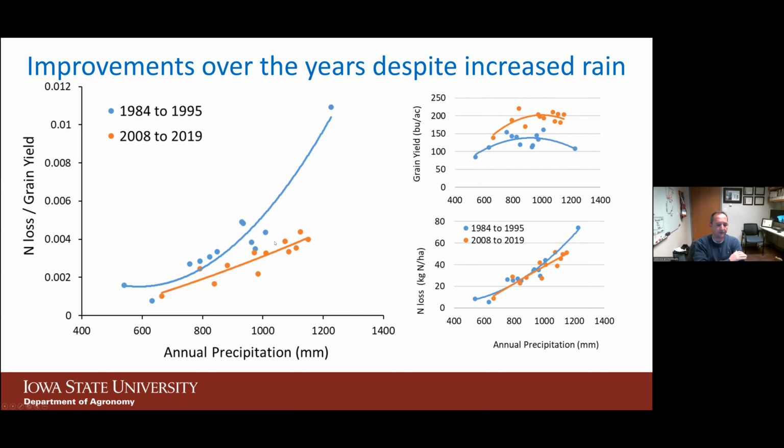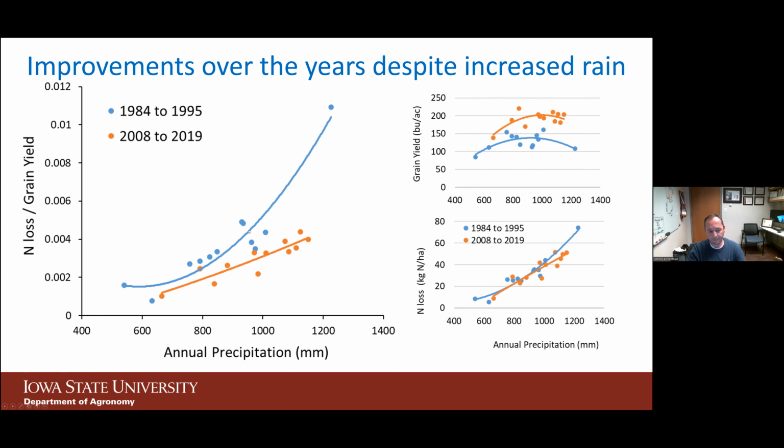By looking at this graph, what we see is for the same amount of precipitation, let's say 1000 millimeters, there is a clear improvement in the amount of nitrogen loss per unit of yield. If there was no improvement, the blue and the orange line should have been identical, but they are not. And this is a very good evidence that things are going in the way that we want, better environmental performance.